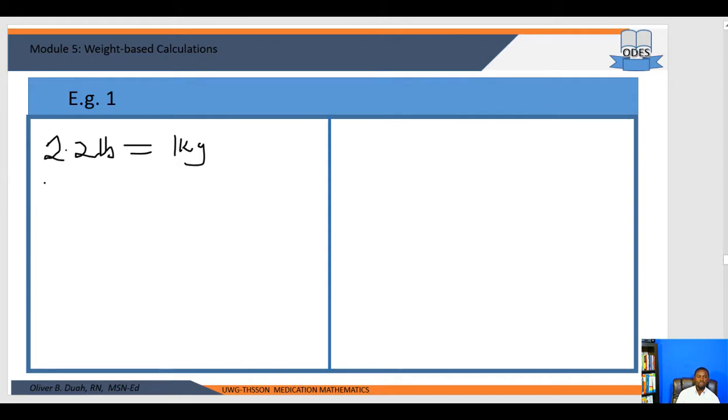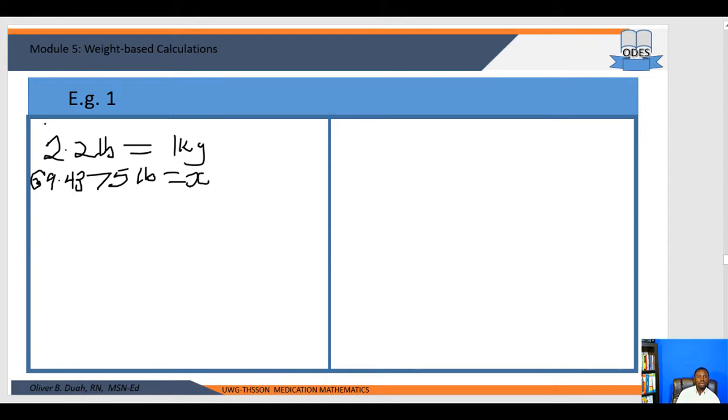What about if we have 69.4375 pounds? We will say that will be equal to x.